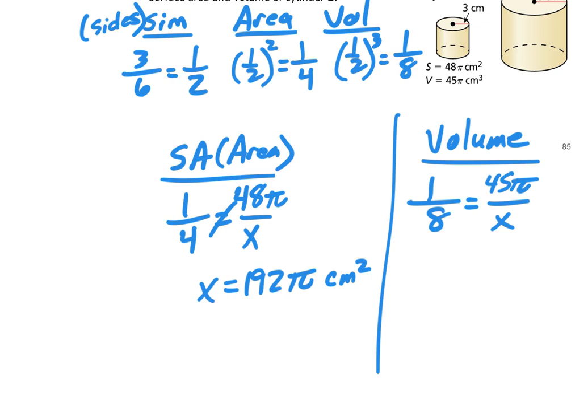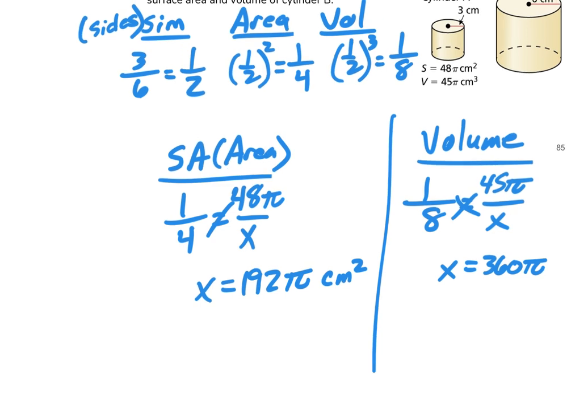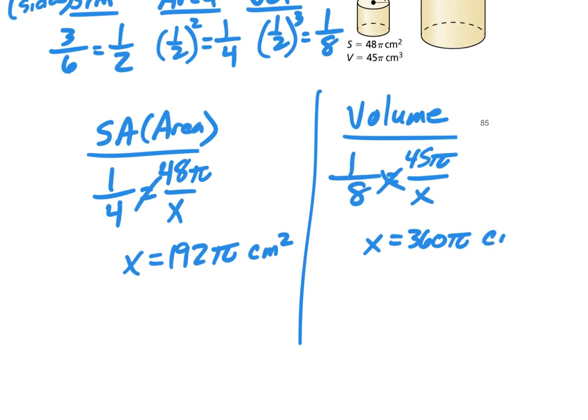And we're trying to find x. So once again, we cross multiply. 45 times 8 is 360 pi. And then this is volume, so it's cubic centimeters.